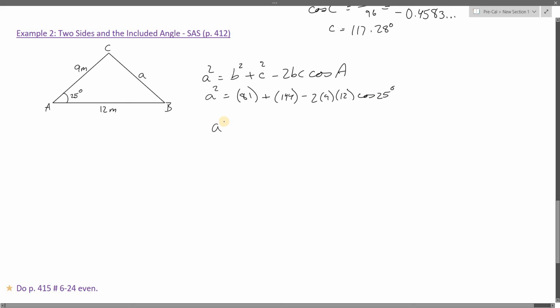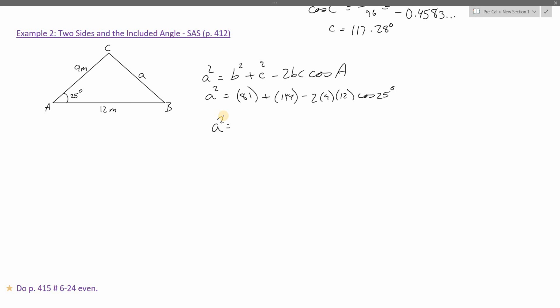Now at the end, you're going to say A squared is equal to, and let's go ahead and find a number here. What I typically do is I do one piece at a time. And so I'm going to take 9 times 12. That's going to give me 108. I'm going to take times the cosine of 25. That's going to give me about 97 times 2. It's going to give me 195.